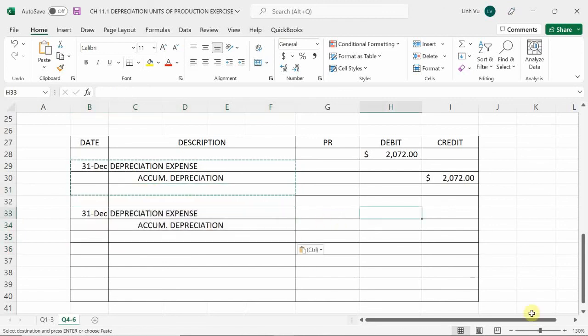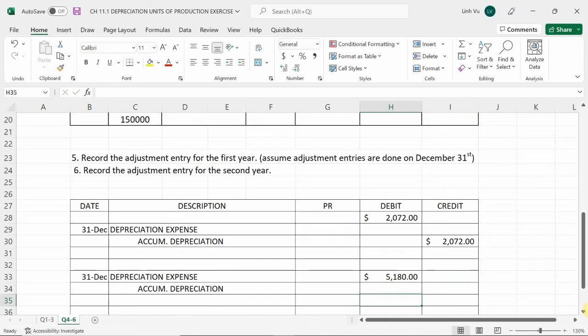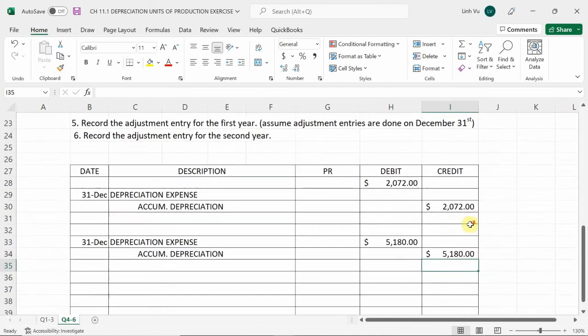And then it's going to be for 5,180. So what's your accumulated depreciation going to be? 5,180. Because you said that the accumulated depreciation goes into the ledger. No, the table does go into your ledger. Good. Excellent.